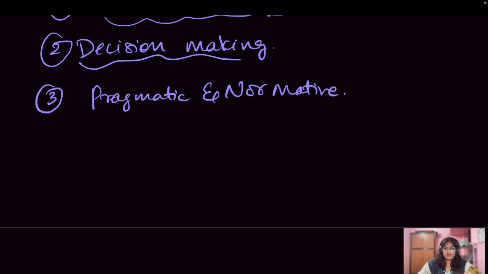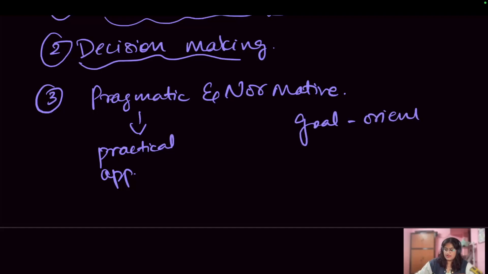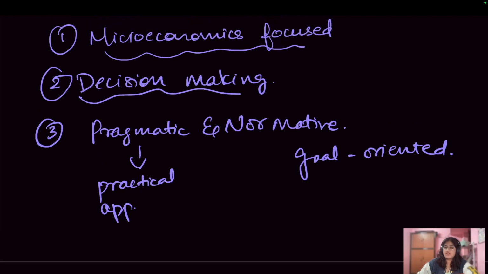Pragmatic means it is all about practical application, and not just about theories. And it is goal oriented. Normative means it gives you should statements, like we should produce 500 units to be efficient. So it will give you the quantitative steps that need to be taken to maximize your output or achieve your goals.